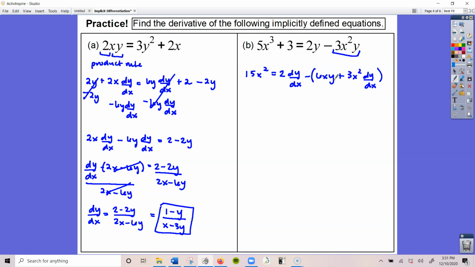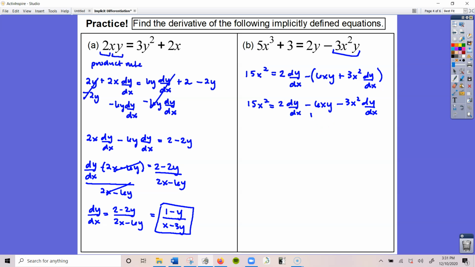I can now distribute this negative, so 15x squared is equal to 2 dy/dx minus 6xy minus 3x squared dy/dx. See, now here typically I move my dy/dx's over to the left, but all of the dy/dx terms are already on the right.